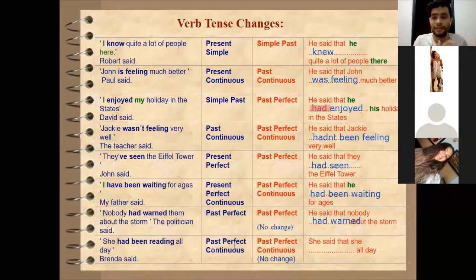Past perfect continuous. So she said that she what? Had been reading. Excellent. Had been reading. Very good, all day.